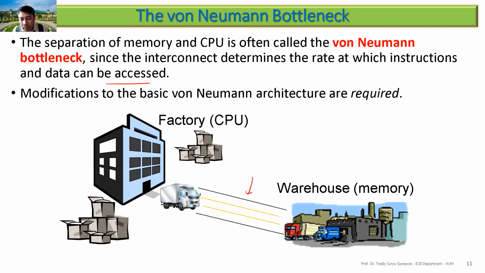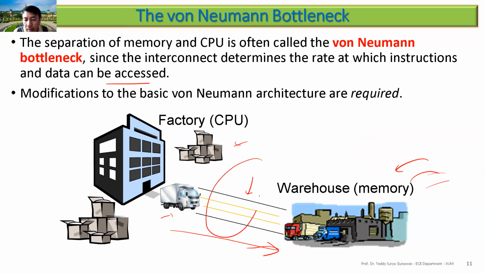For example, you have the factory, the CPU, and you produce more goods. They need to be stored in the warehouse, the memory, but you have only one truck, so of course you need several trips to move all the goods into the warehouse. If the warehouse is full, you need to wait first, then maybe you go to a second warehouse, which is the hard drive, and you need to transport there too.